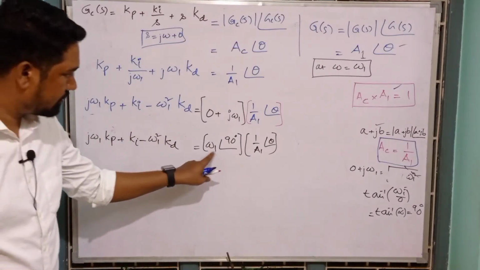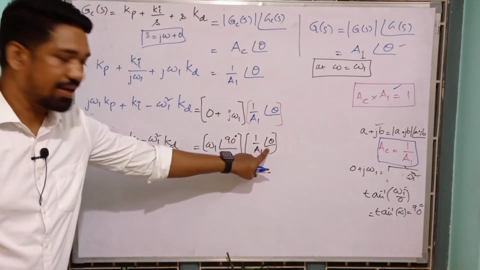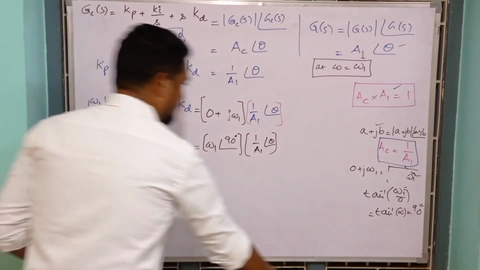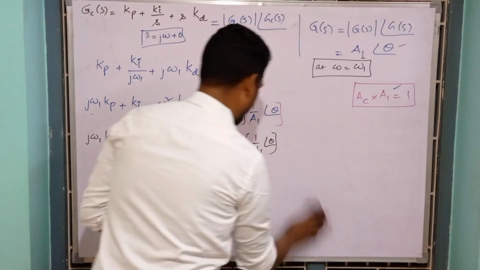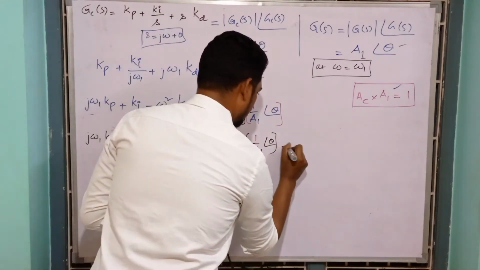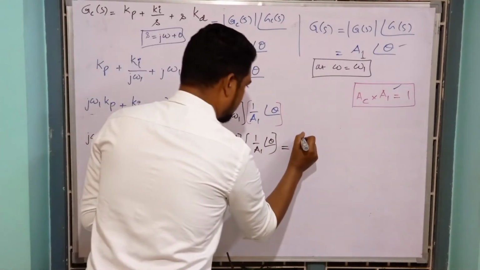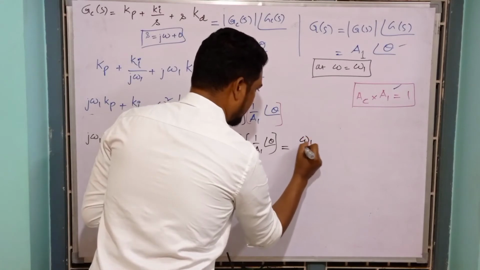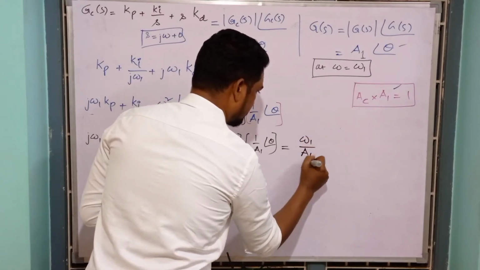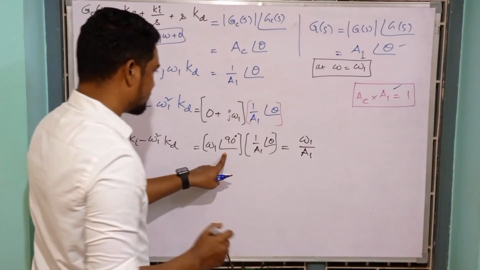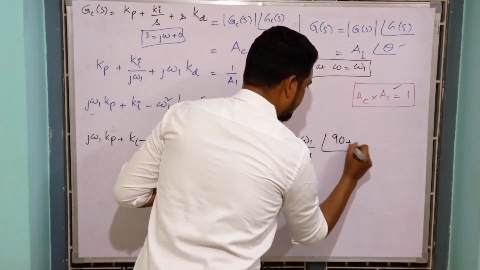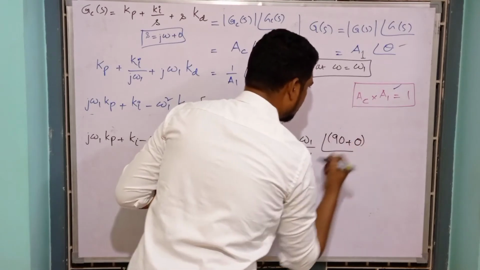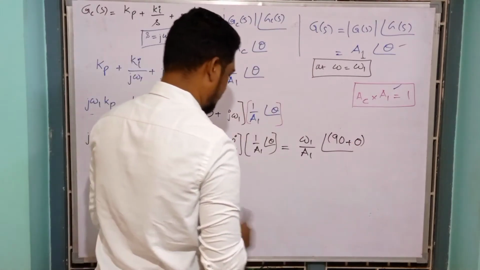Guys, magnitudes should be multiplied and phase angles should be added, isn't it? So magnitudes are multiplied, so what we have is omega 1 by A1, and the phase angles are added, so angle 90 plus theta. Okay, so these are the expressions.